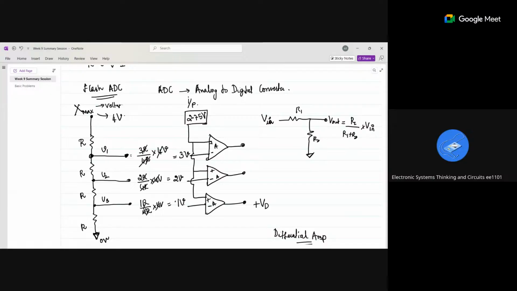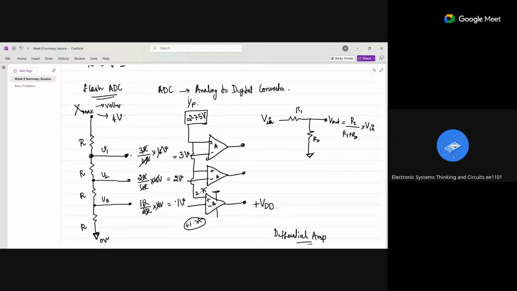So the output I'll get is plus VDD, right? Are you understanding how we are getting plus VDD here? Here I am feeding 1 volt to this amplifier, whereas here 2.75 is coming. It will first take the difference, which is 1.75, a positive value, and it is amplified manifold so that the output saturates at plus VDD.